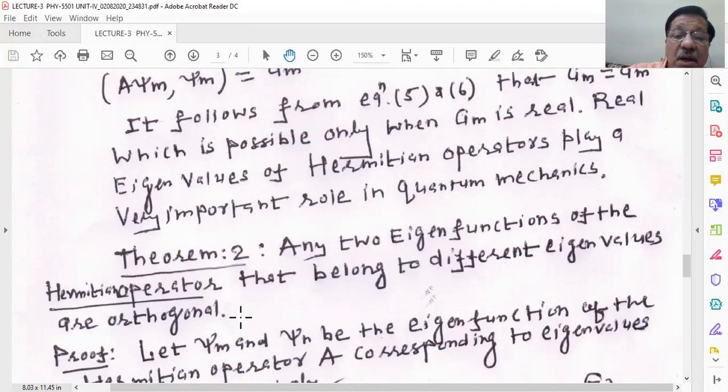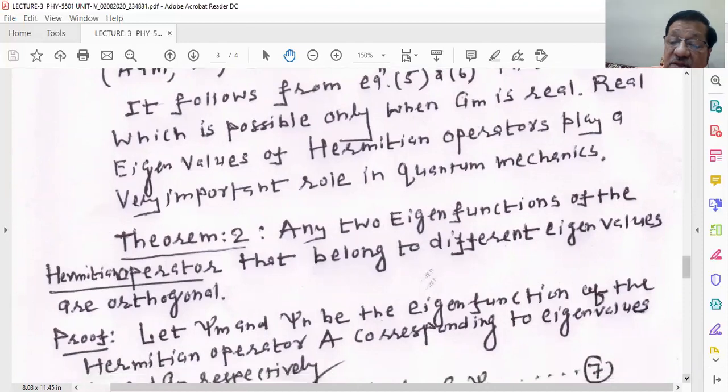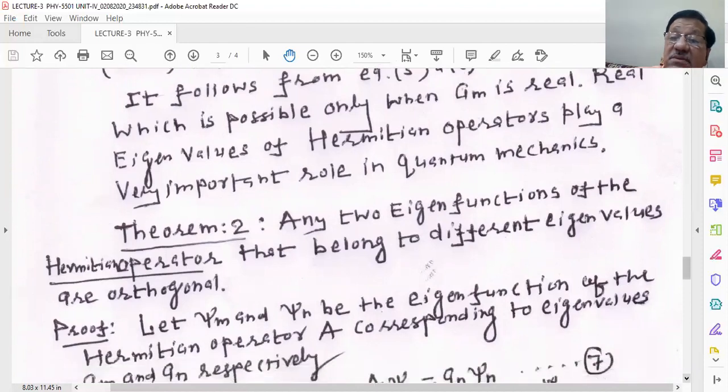Try to understand that you have two eigenfunctions, and they have to belong to different eigenvalues.